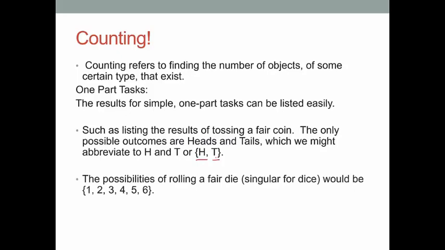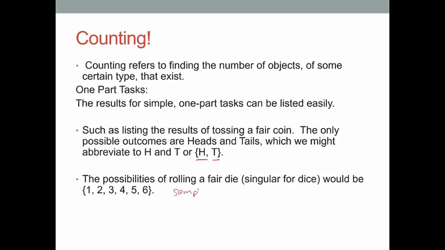Another example of a 1-part task would be rolling a fair die. Keep in mind that die is singular of dice. The possibilities if you roll a single fair die would be 1, 2, 3, 4, 5, or 6. These things that I'm putting in the braces are called the sample space. That's another element of counting theory that we'll talk about.